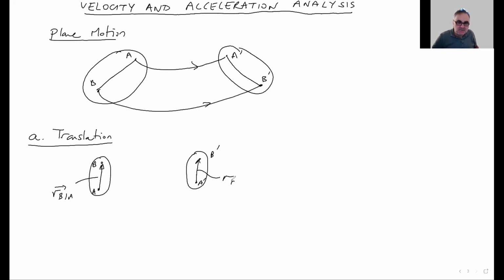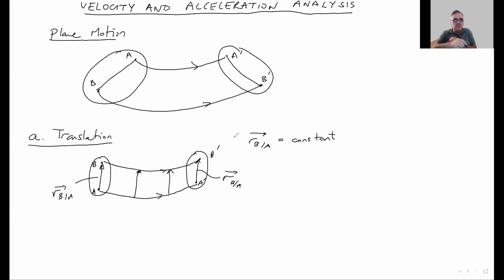And this vector is RB relative to A also. And your path does not have to be a rectilinear translation. Your path can be like this, for example. But at each point, RB relative to A, both its magnitude and its direction, remains constant, okay? So RB relative to A as a vector remains constant here. The orientation of B with respect to A never changes.